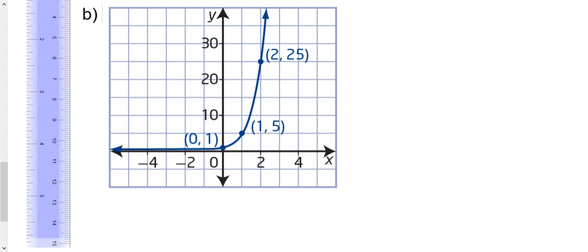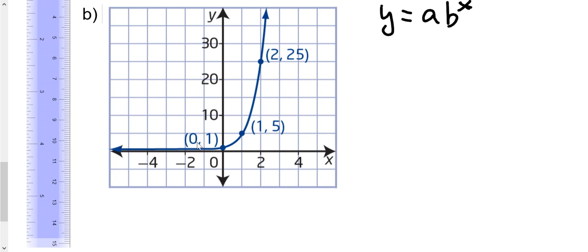y equals a times b raised to the power of x, right? In this case, we need to figure out the a and b values so that we can have an equation. Again, I hope this becomes your second instinct to look at the y-intercept.